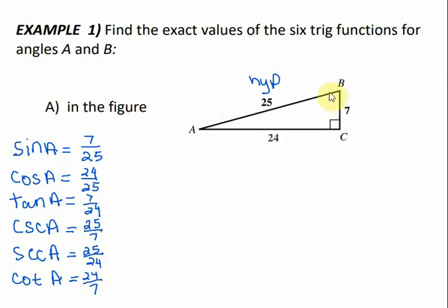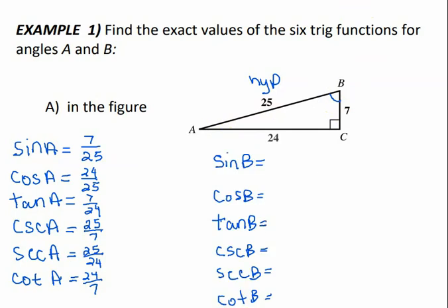We're going to do the same thing with angle B. Like I said earlier, the hypotenuse is going to stay the hypotenuse no matter which acute angle we're on. But in this case, since we're on angle B, opposite is going to be 24 and adjacent is going to be 7.